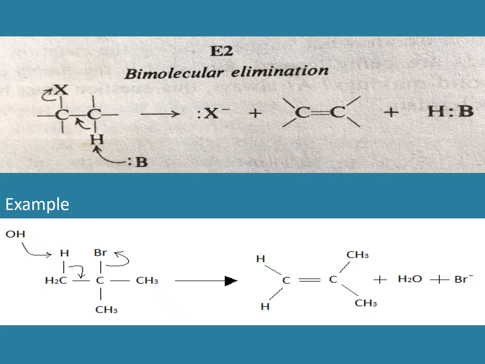And in this particular transition state, two bonds are being broken. That means the C-H bond is broken and the C-X bond is also broken. And where does the energy for this bond breaking come from? This energy will come from bond making, that means the formation of the bond between the proton and the base, and the formation of the pi bond.